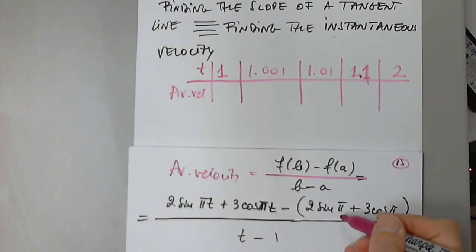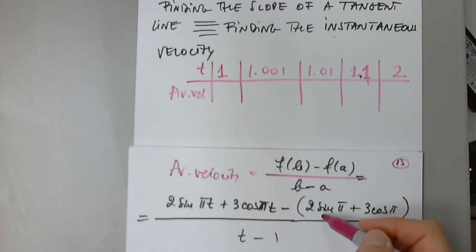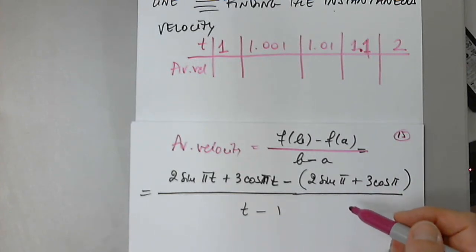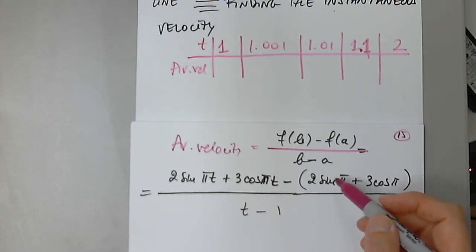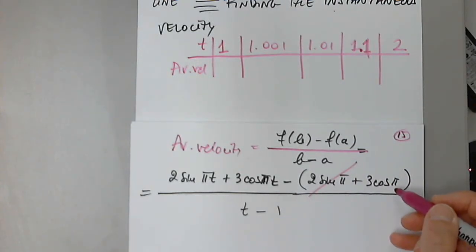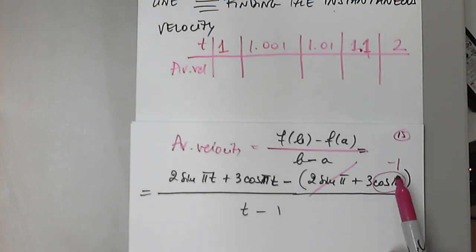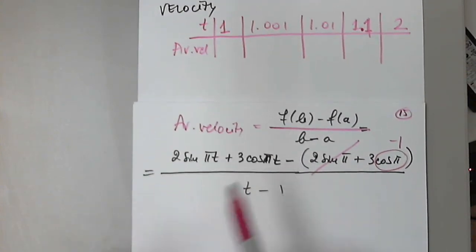But sine pi is, sine is measured on the y-axis. Sine pi is 0. Perfect. Cosine pi is -1. Perfect. So 3 times -1 is -3, with minus in front is +3.